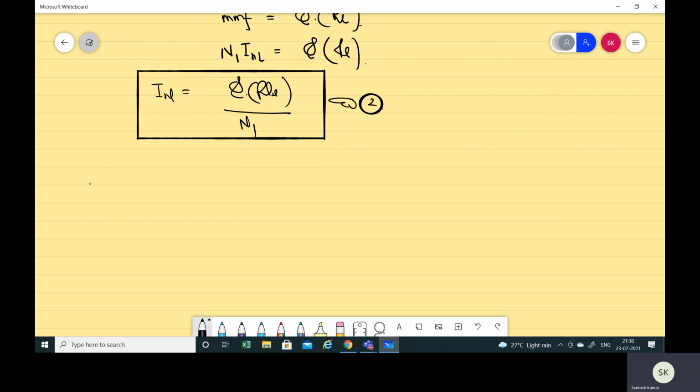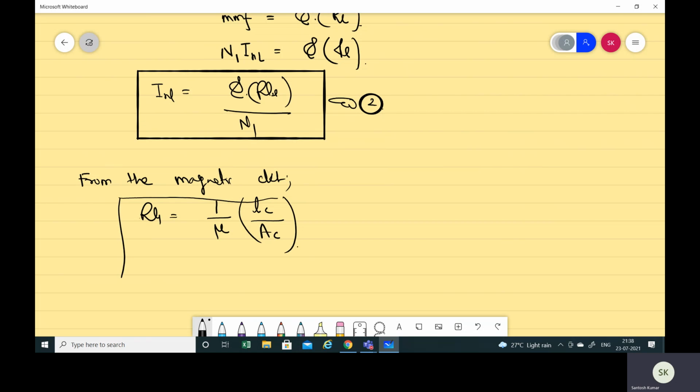Third, from the magnetic circuit, if you visualize the magnetic circuit, reluctance, if we treat it like resistance, is nothing but 1 upon mu, times length of the core upon area of cross section of the core.